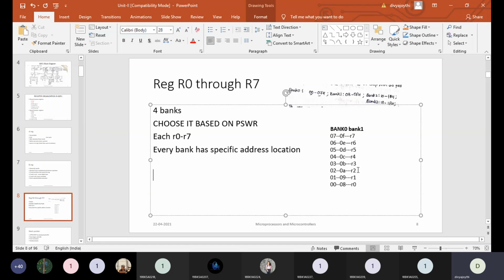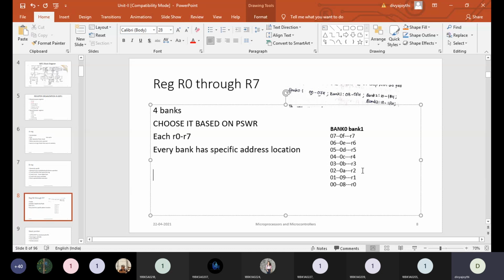In a similar way, if you want to know the address of R2 in bank 0, the address is going to be 02. So each bank assigns specific addresses for R0 to R7, and the address locations of these registers vary from bank to bank, because each bank has its own starting and ending address.